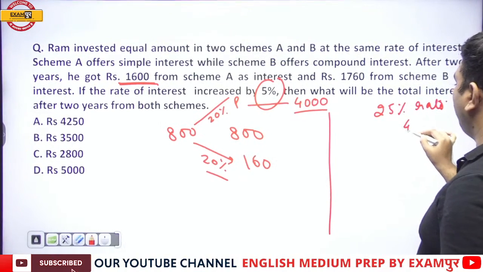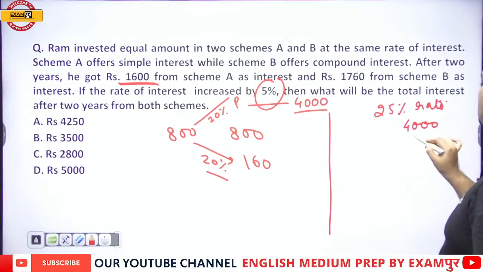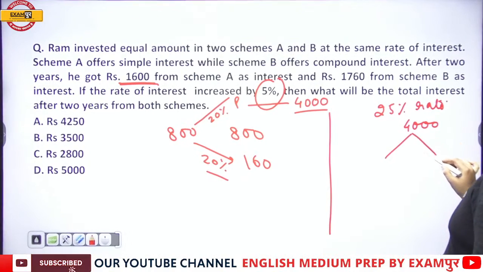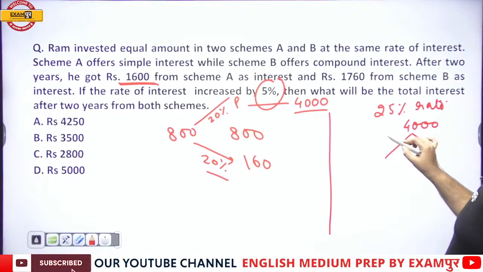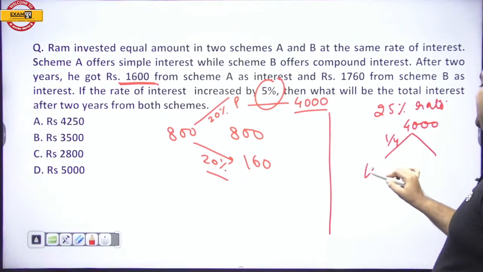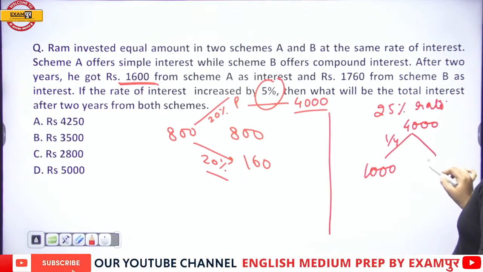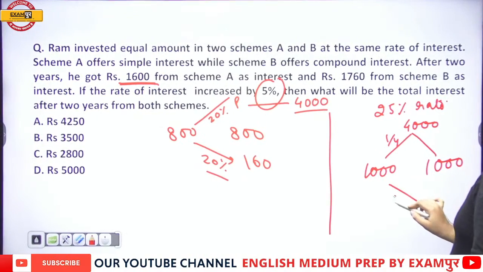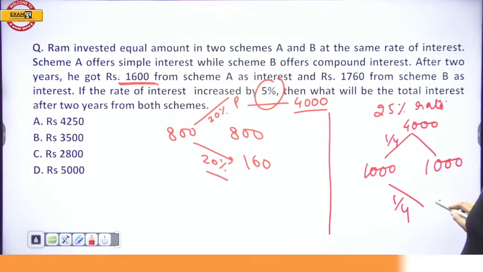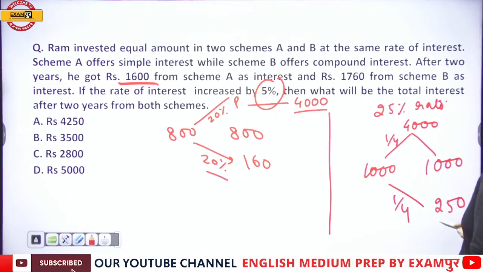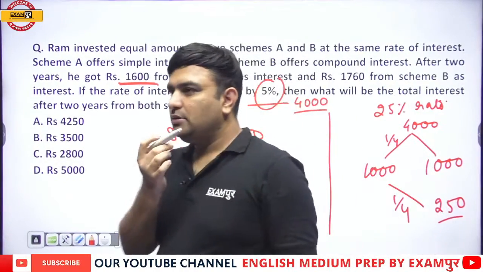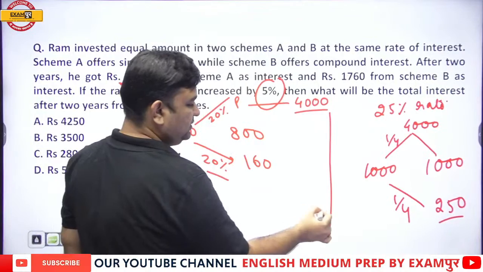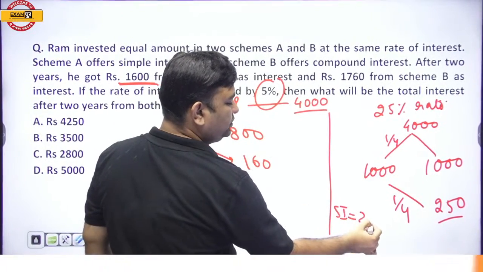Now, for 4,000, what would be the SI with the rate of 25%? It's 1,000 each year. And what would be the extra compound interest? It's 250. So SI is 2,000.